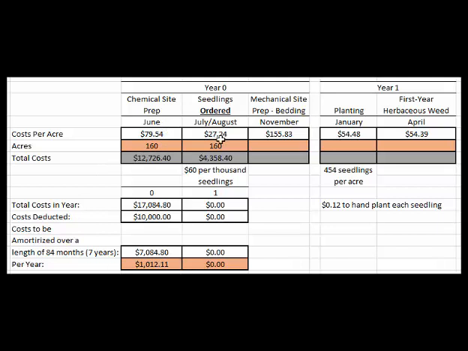So that whole cost gets put into the amount that we're going to amortize. And then we have our mechanical site preparation bedding treatment in November. And once again, everybody, the cost deducted doesn't change. All of that gets put into the amount amortized. And then on average per year, say over the 7 years, you'd have $4,573.94. So that's in year 0.